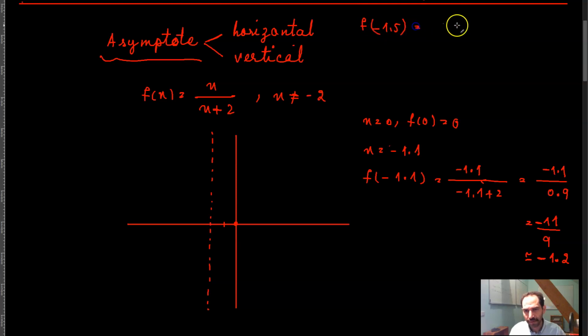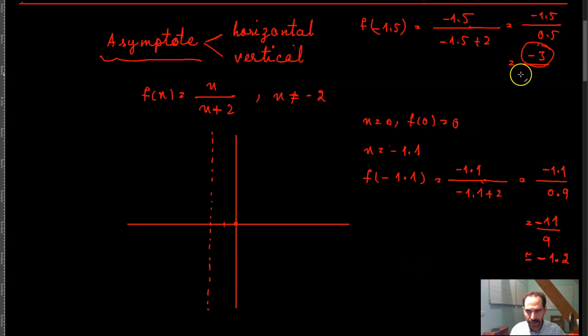That would give you negative 1.5 over negative 1.5 plus 2, which is negative 1.5 over 0.5, which is 15 divided by 5, so that's negative 3.